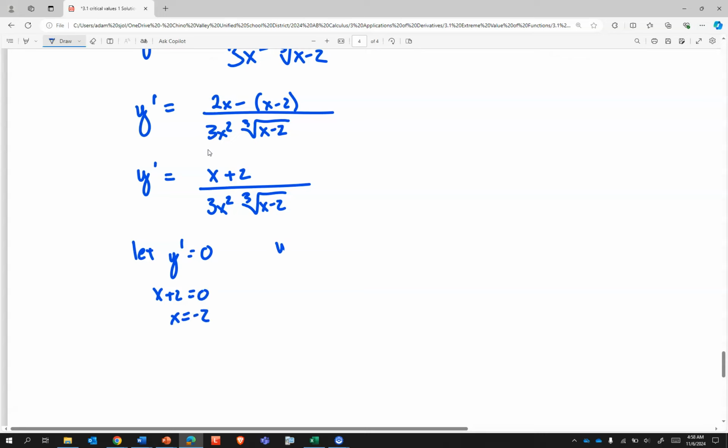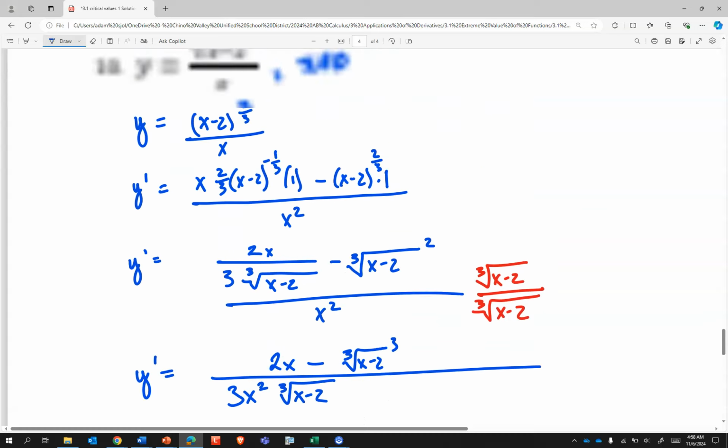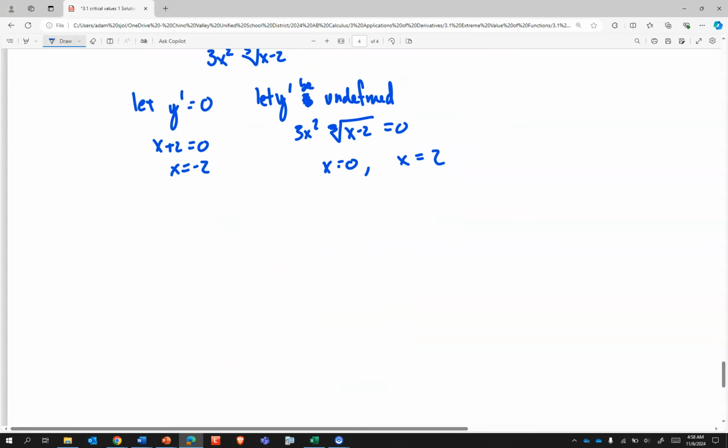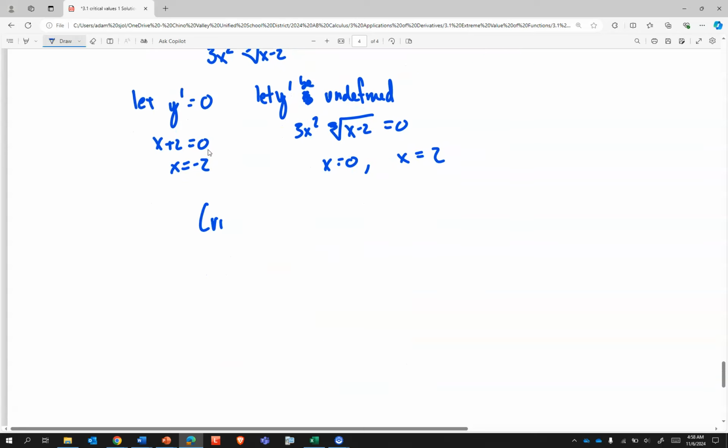That's x equals negative 2. Let y prime be undefined. 3x squared times the cube root of x minus 2 equals 0. x equals 0, x equals 2. But we reject x equals 0. So critical values, x equals negative 2, x equals 2.